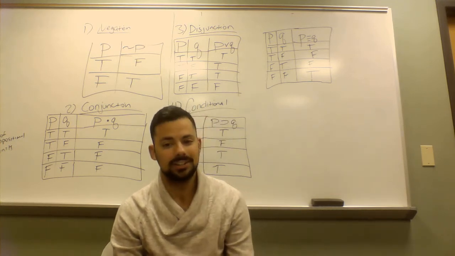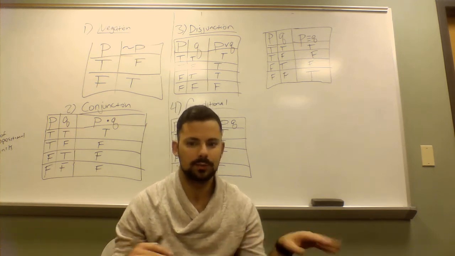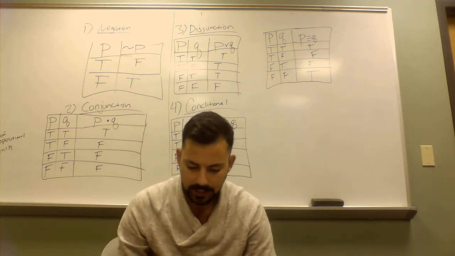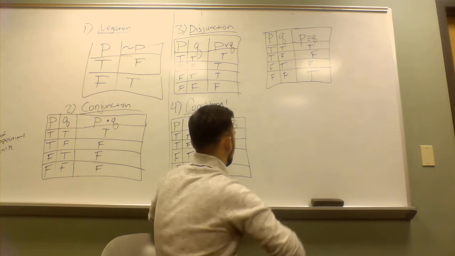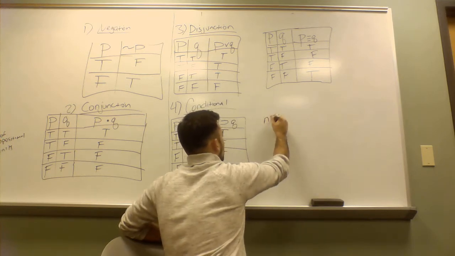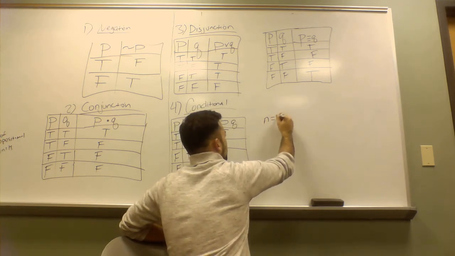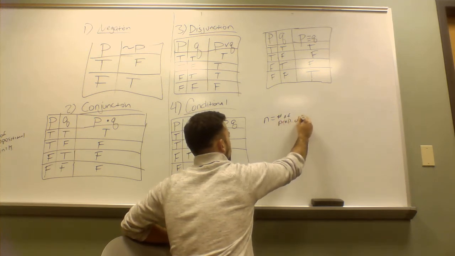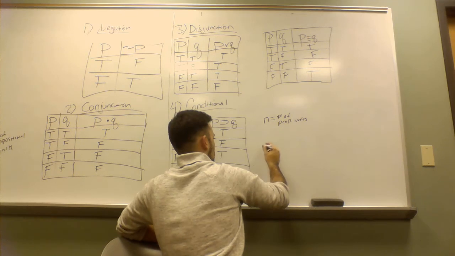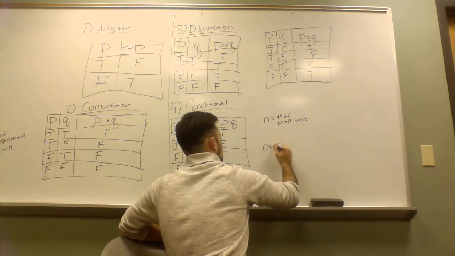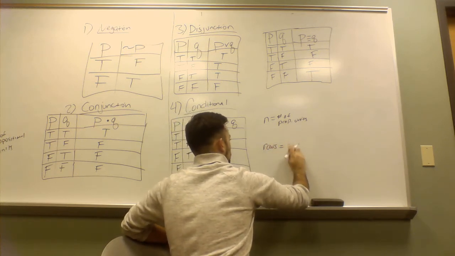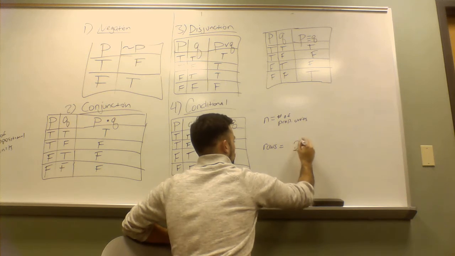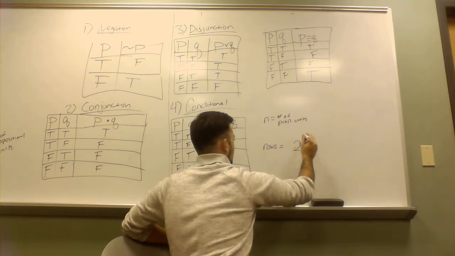Because it does get kind of tedious to write down true, true, true, true, true, false, false, false, false, and all that good stuff. Remember, if n equals the number of propositional units, then the number of rows equals 2, for the 2 types of truth values, to the n power.